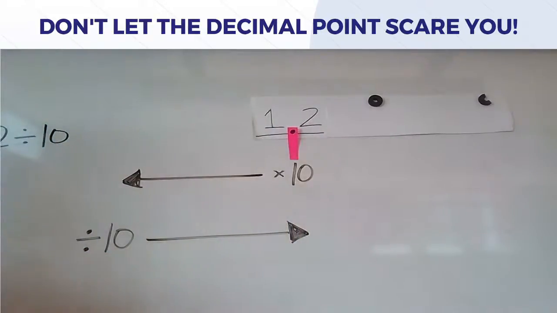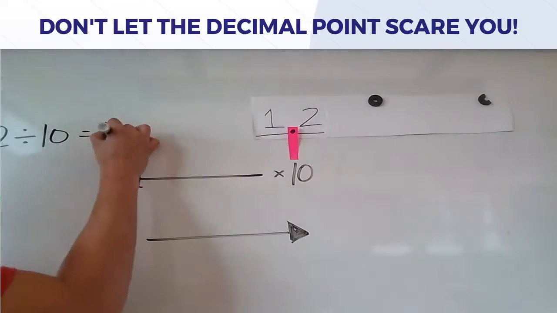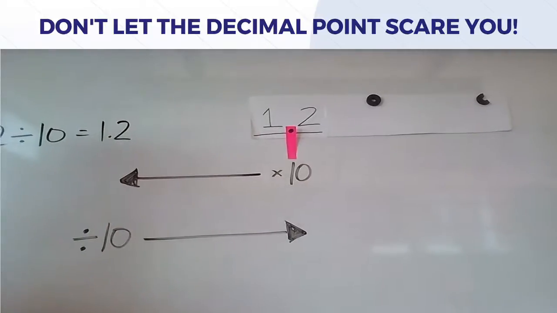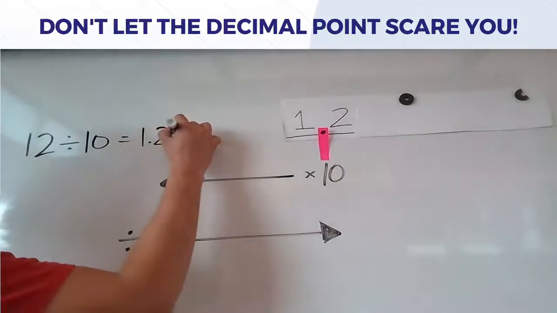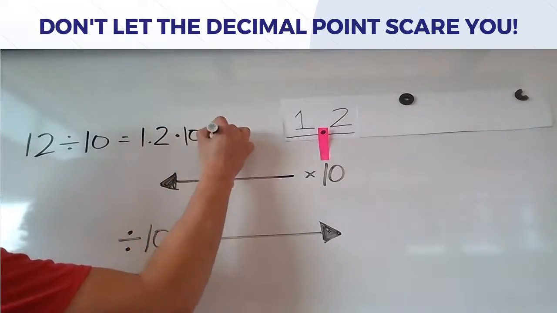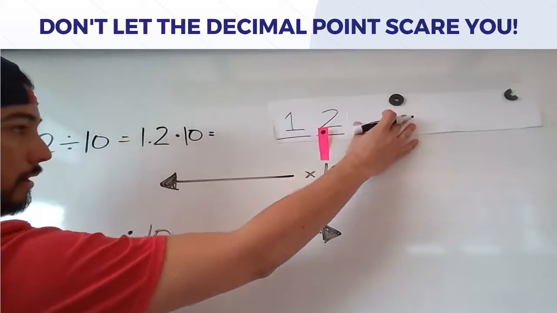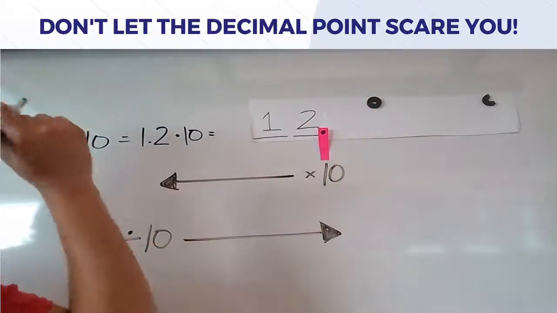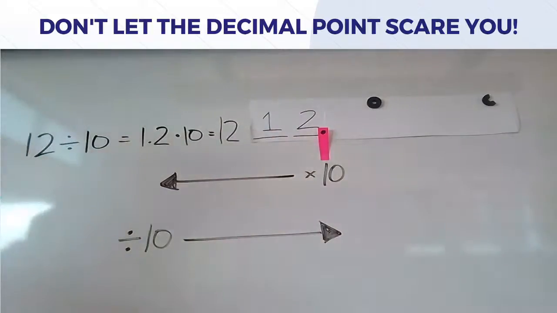Right? 12 divided by 10 equals 12 tenths, or 1 and 2 tenths. Okay? Zoop. There we go. And then let's say I do 1 and 2 tenths times 10. And again, because I'm multiplying by 10, I'm moving my number to the left. It looks like my decimal's going to the right. And then I'm back at 12.